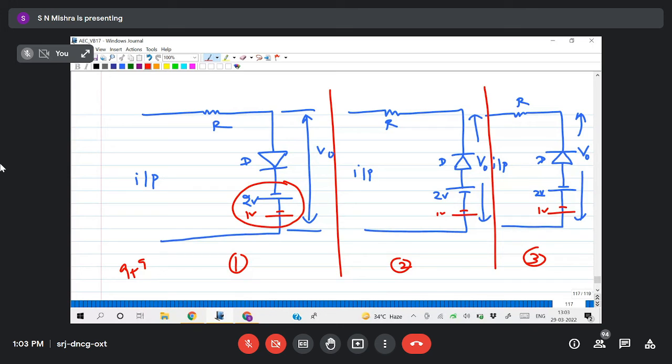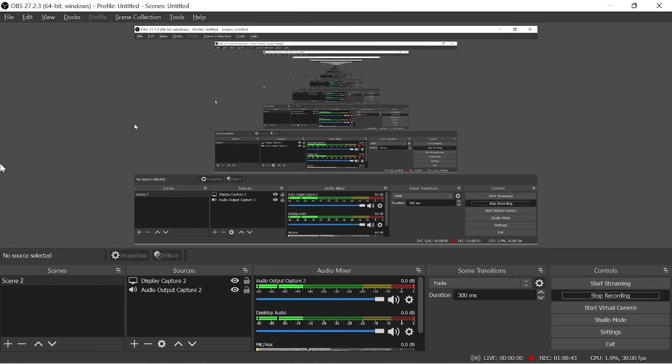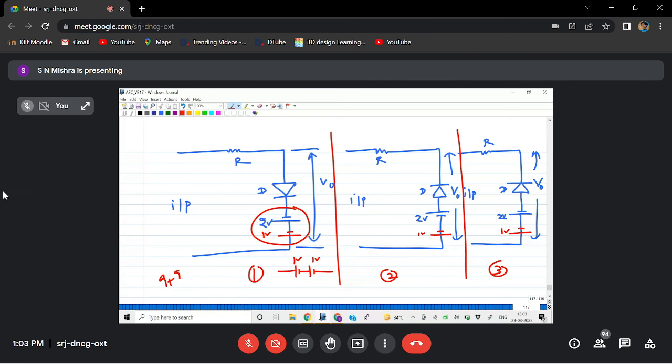One voltage is connected like this, another voltage is connected like this. 1 volt, 1 volt. So 3 volt, both are in series.